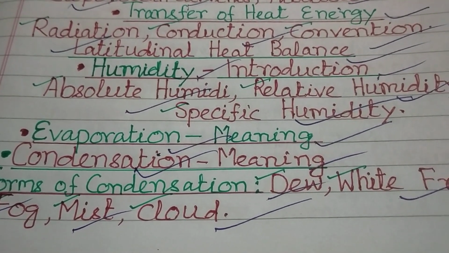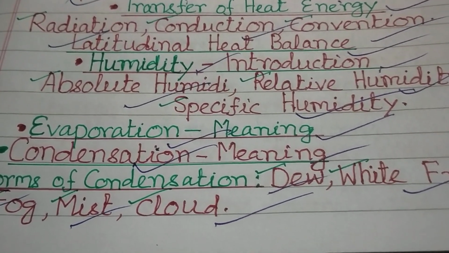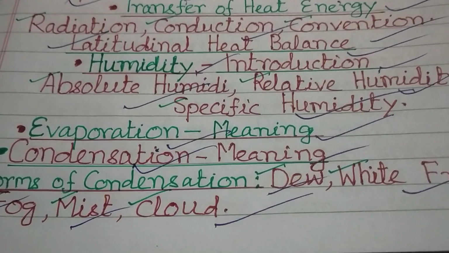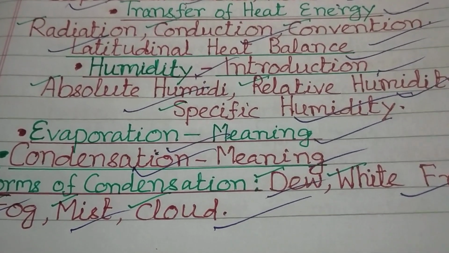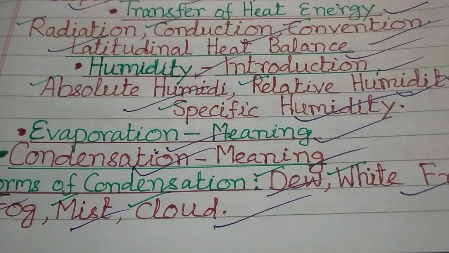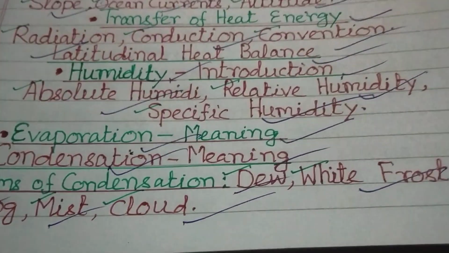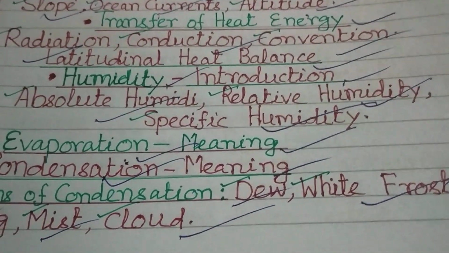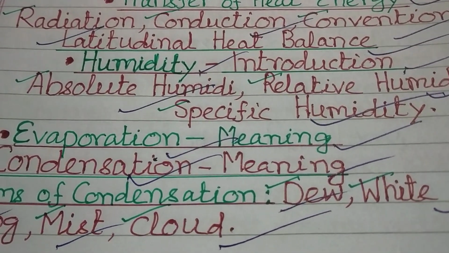It is called white frost. The ideal conditions for formation of white frost are the same as those for formation of dew, except that the air temperature must be at or below freezing point. And the next form of condensation is fog.